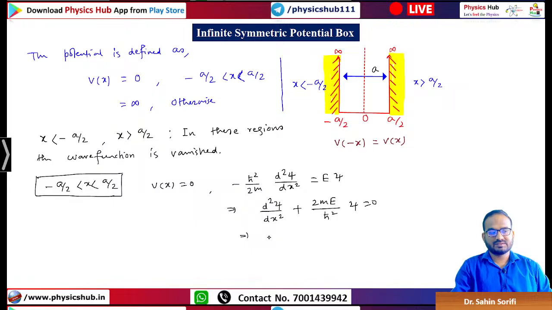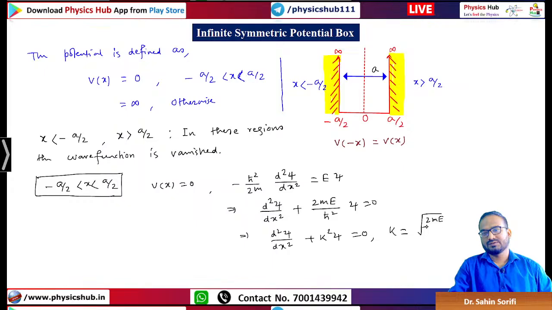So as simple as that, the way we deal with d square psi by dx square plus k square psi equals 0, where k is equal to square root of twice m E by h cut square. As a result we get a solution in this form.